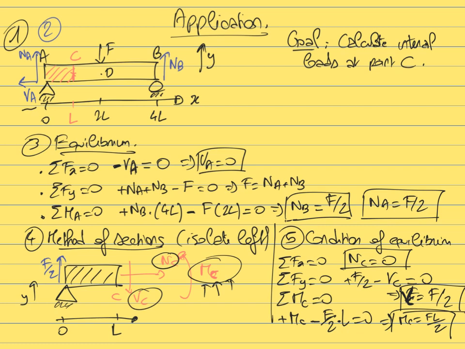There's one last thing that I would like to point your attention towards. When you write the condition of equilibrium, the key thing to keep in mind is that the result that you get when you calculate the value of the unknown reaction support will depend on how you draw them.